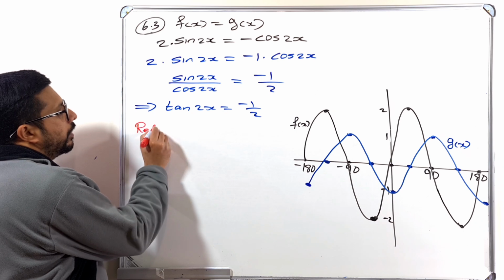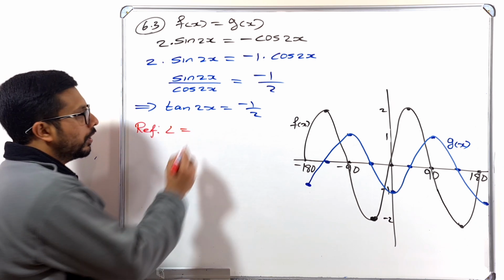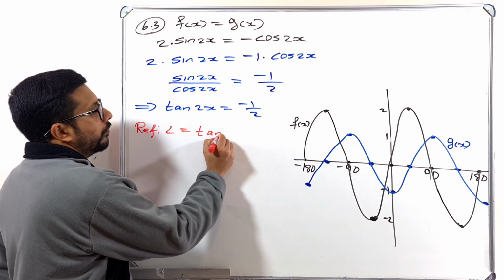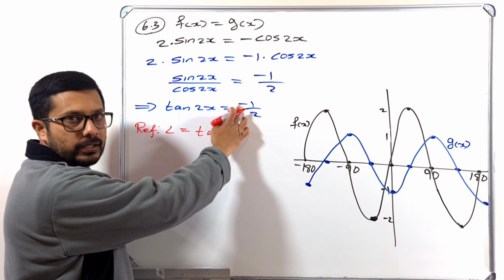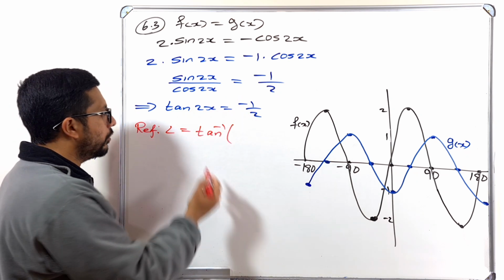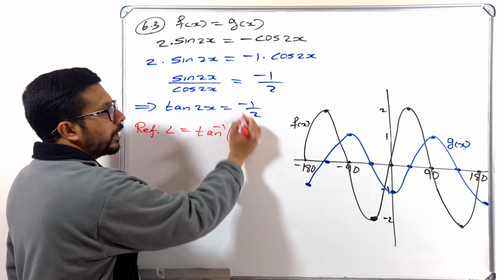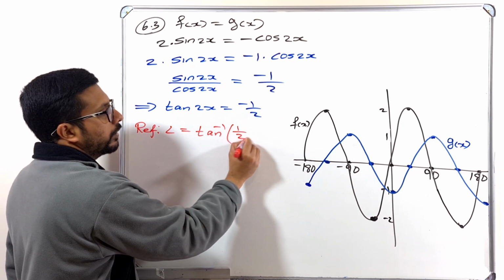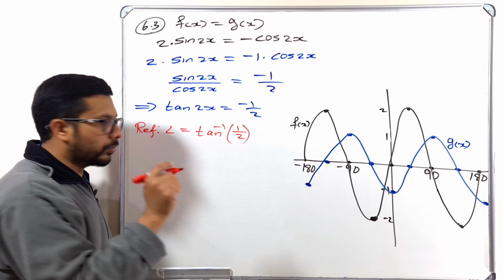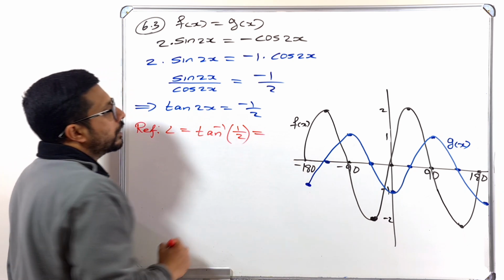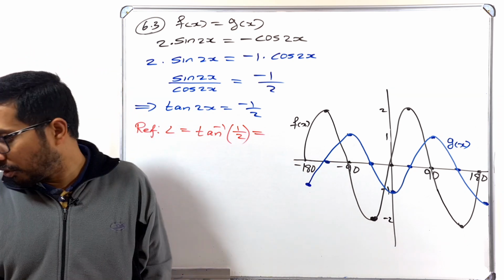Reference angle is equal to tan inverse of, there is no need to write this minus, maybe you studied that in your class. When you find the reference angle, you just take the number, that is 1 over 2. There is no need to write minus 1 over 2. So check in your calculator, what is tan inverse of 1 over 2?